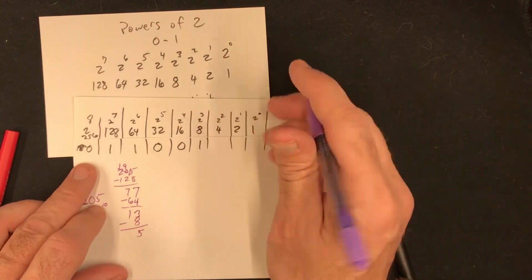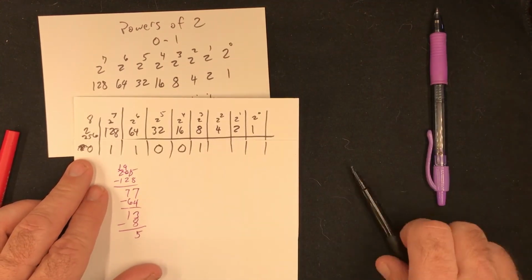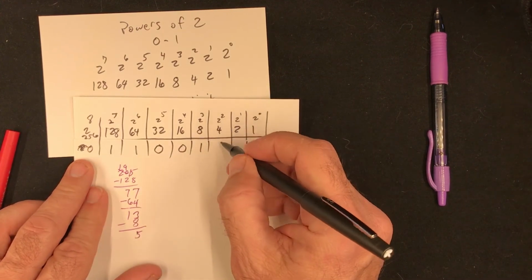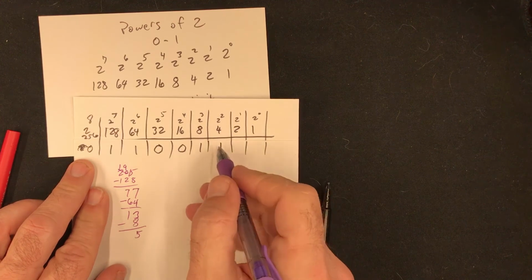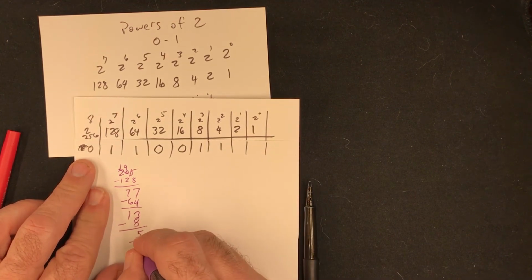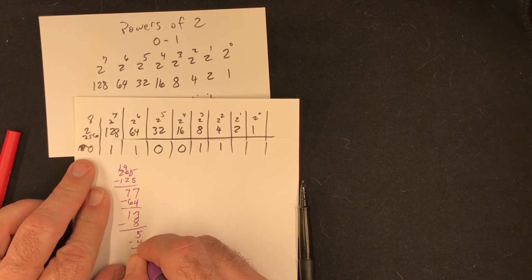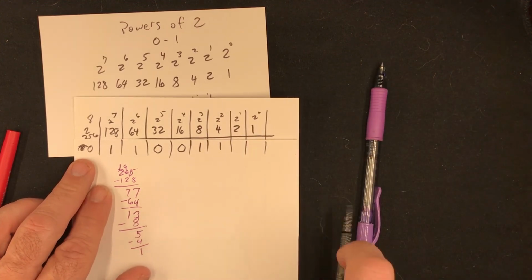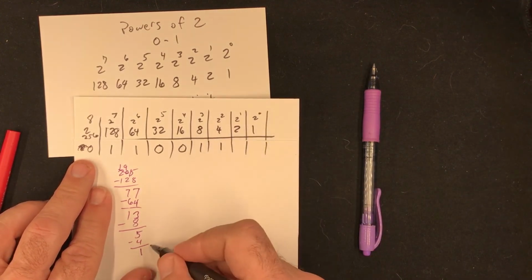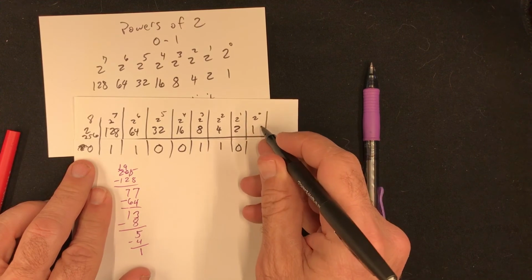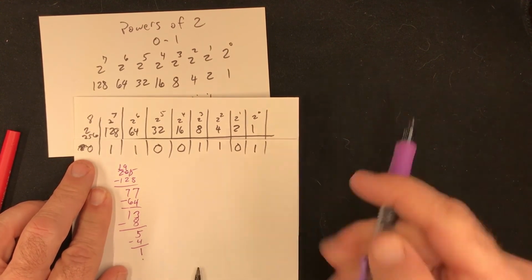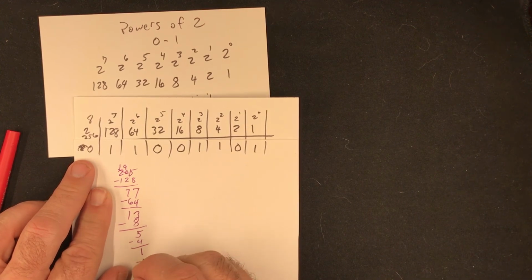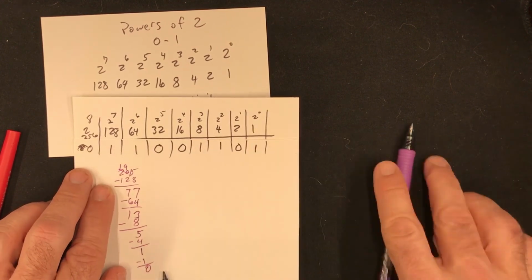Okay. So 5 is what is left. 4 fits inside of 5. So we put a 1 in the 4 spot, and we subtract 4 out, and we're left with 1. So 2 is too large to fit inside of 1, so it gets a 0, and then we finally put a 1 there to come up with the final number.